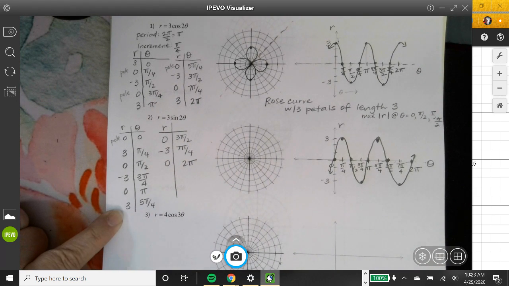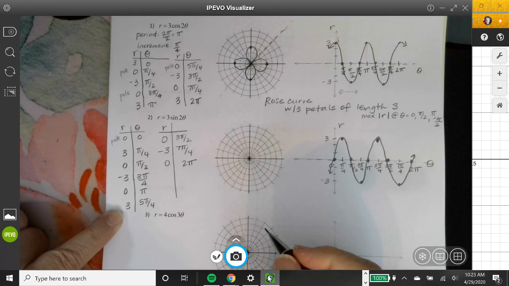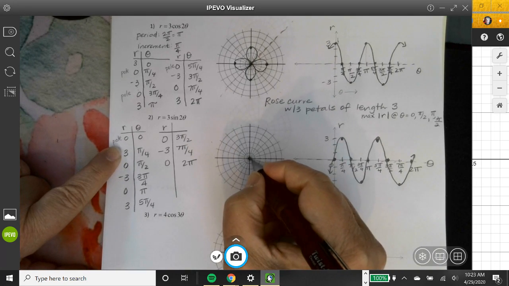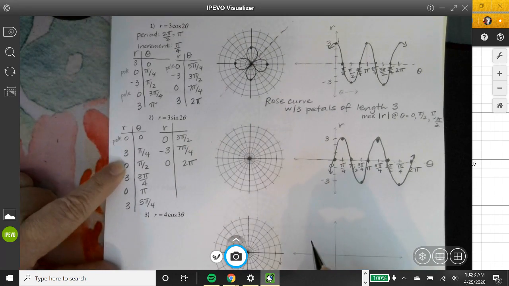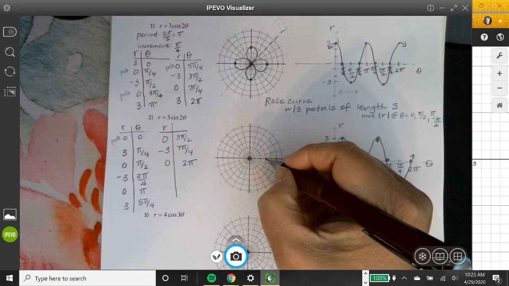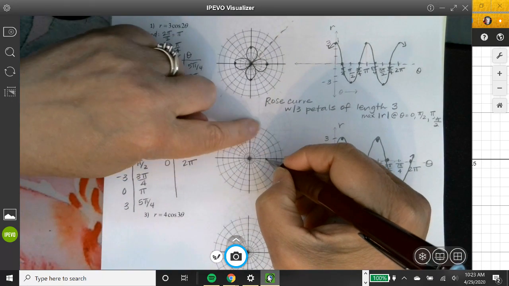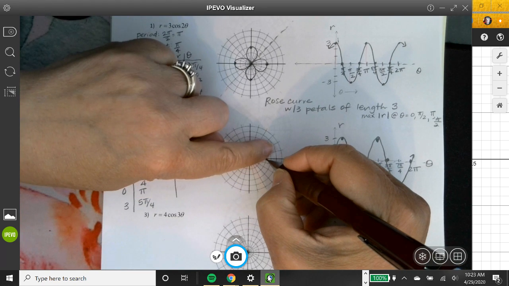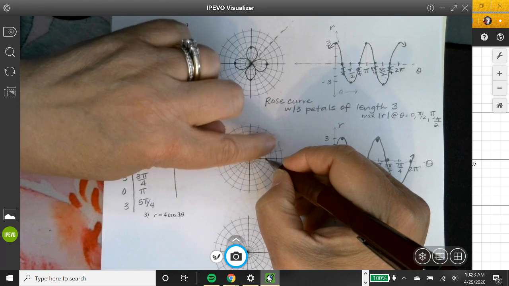All right, so what's our first polar point? Our first polar point is 0, 0. So we start at the pole. And then I'm going to go out radially, 1, 2, 3, and rotate to pi over 4. Now remember, these on the polar plane are in 12ths. So the first one is pi over 12.